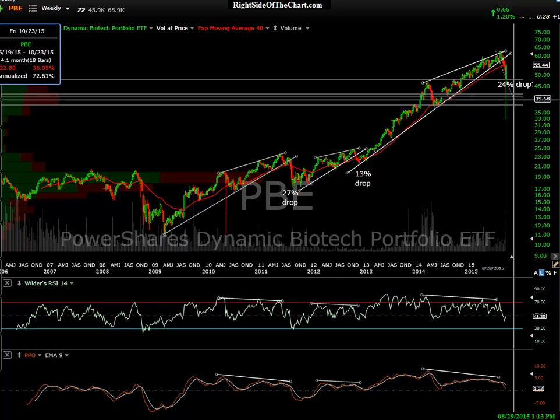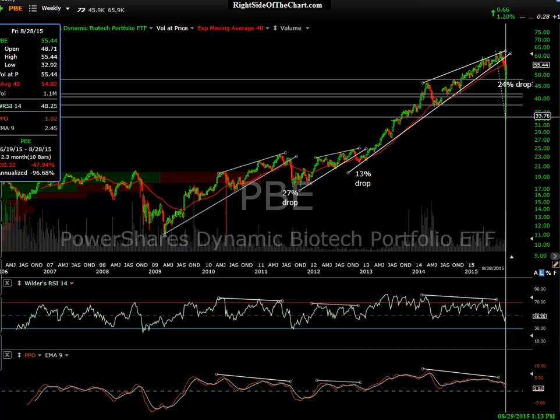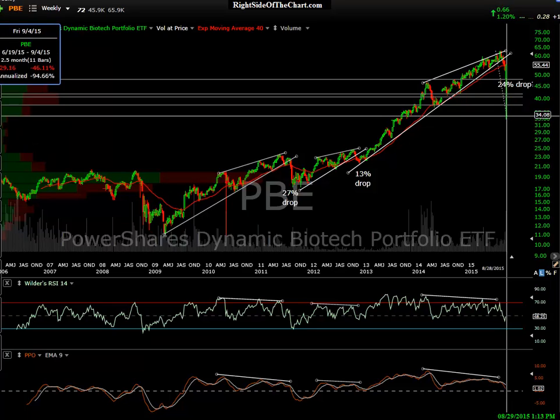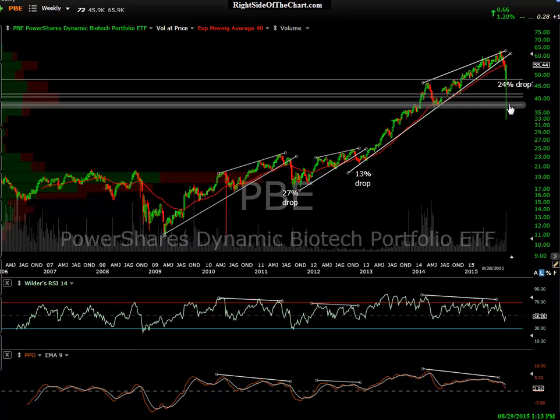You measure from the highs to the lows, if you want to, on PBE, that's about a 46% drop, and it happened in just a couple weeks. So time-wise, it just doesn't feel right that this market's just going to trade in fast-forward speed going forward. I think that's the shot across the bow, and there'll be more to come.